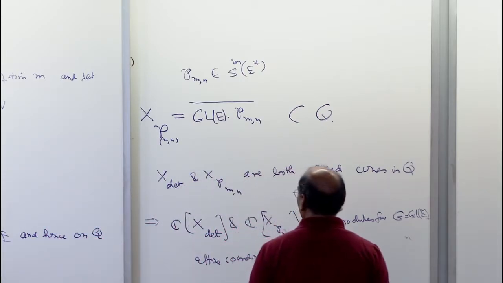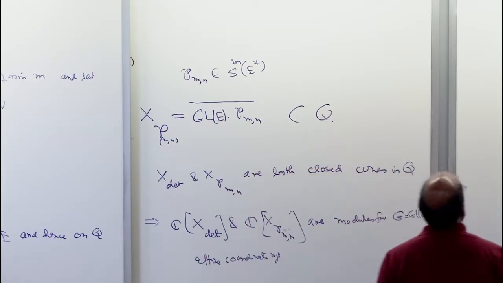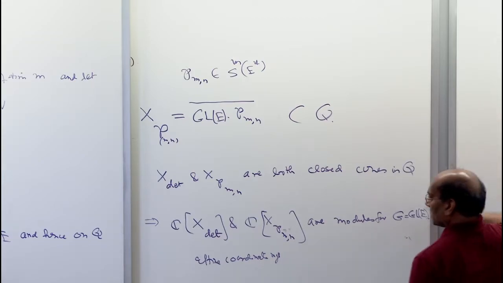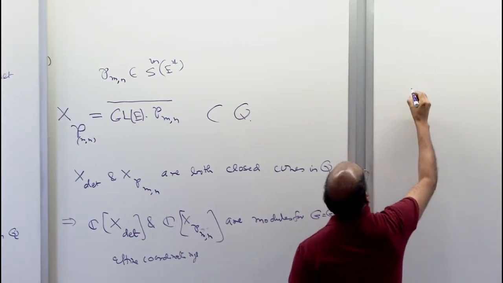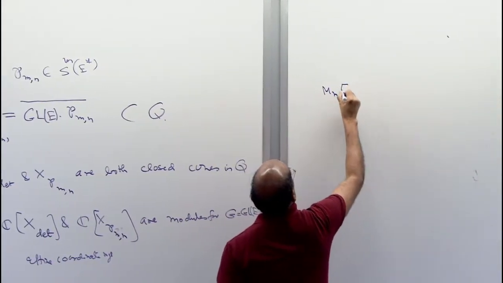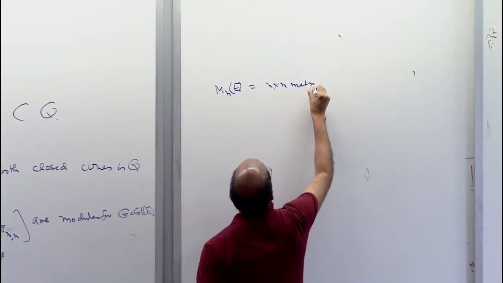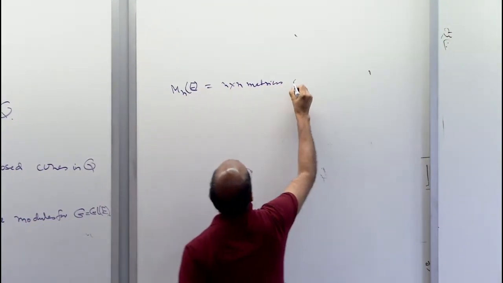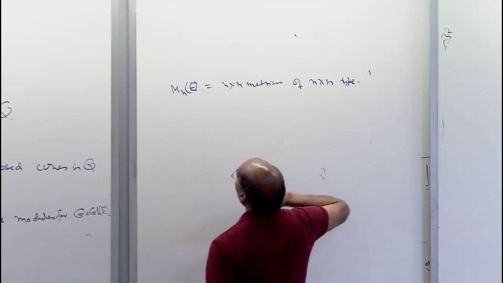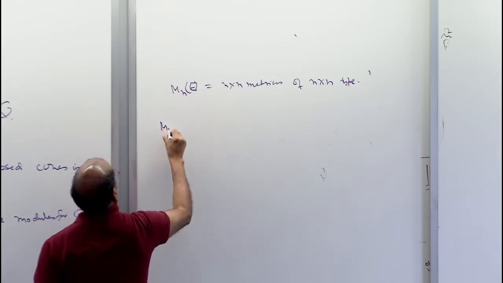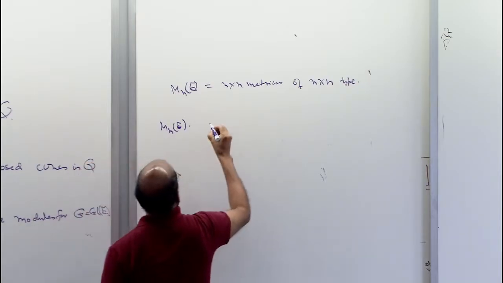Now I'm going to define two numbers. There is also M(E), which is all the n by n matrices, of n by n type. So M(E) also acts on this det.